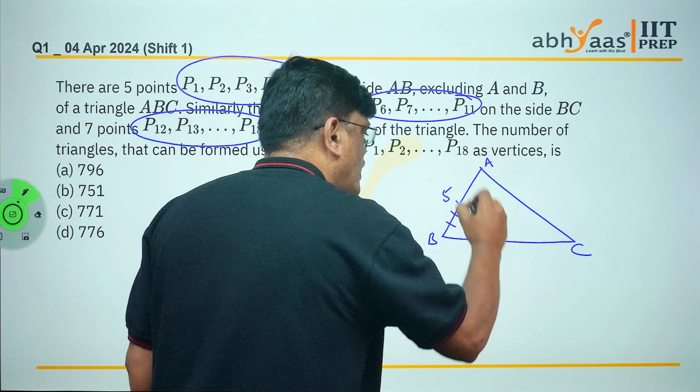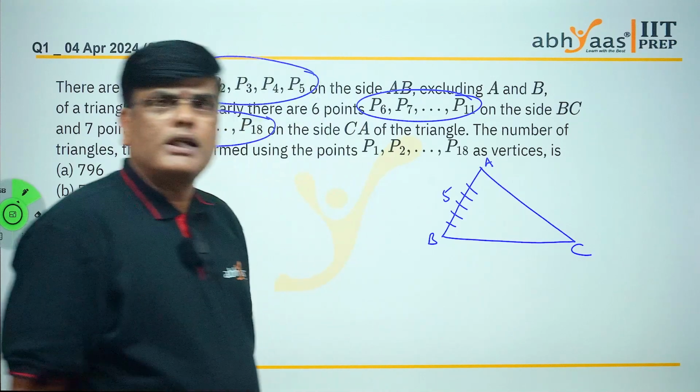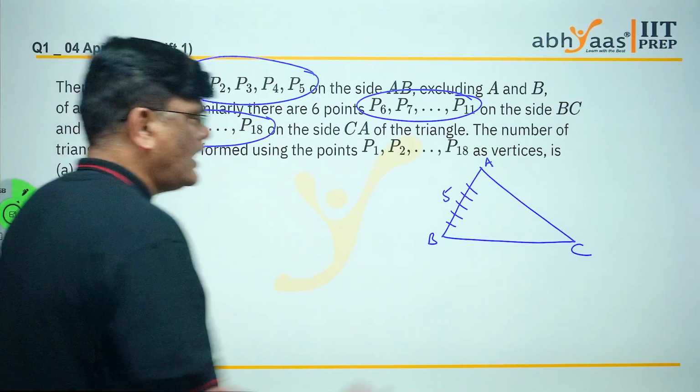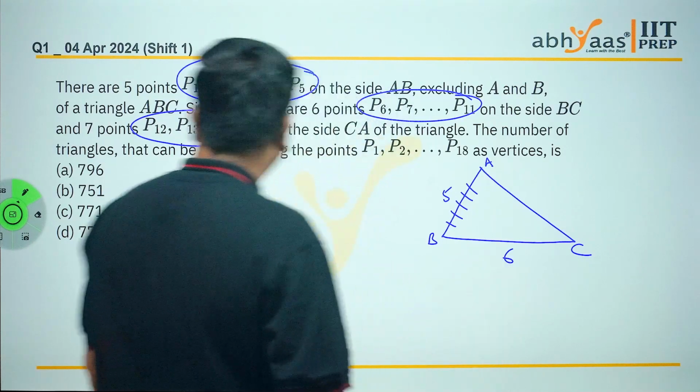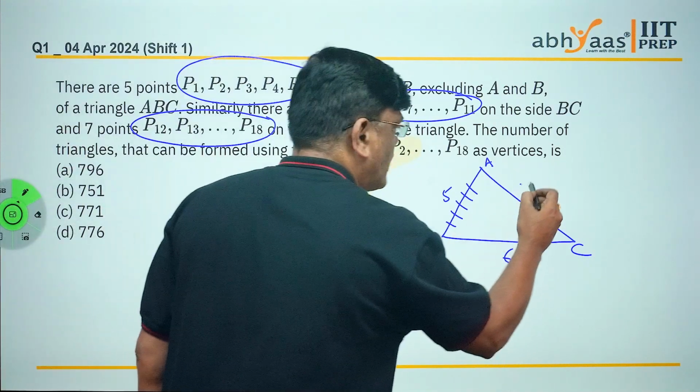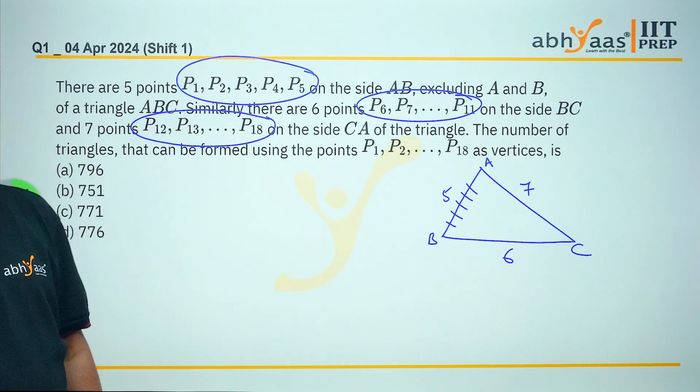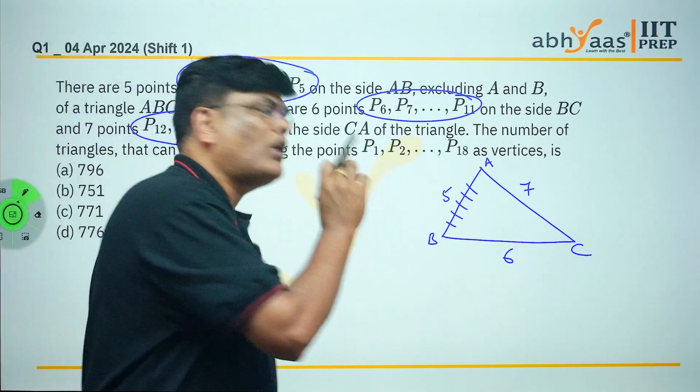Okay, 1, 2, 3, 4, 5. 5 points are there on the side AB. Similarly, on the side BC, there are 6 points. On the side CA, there are 7 points.